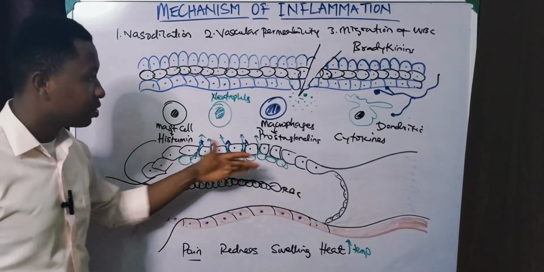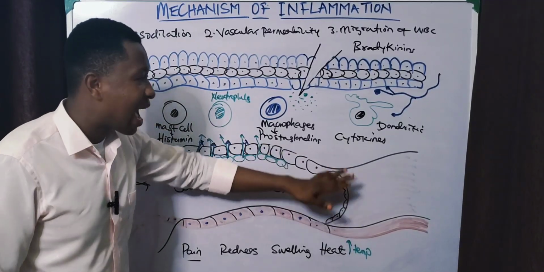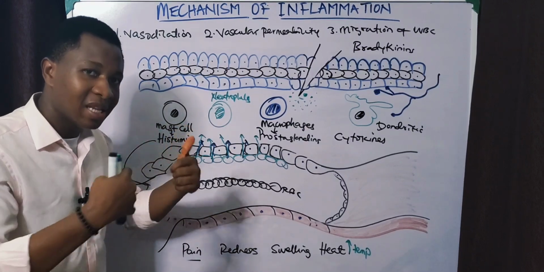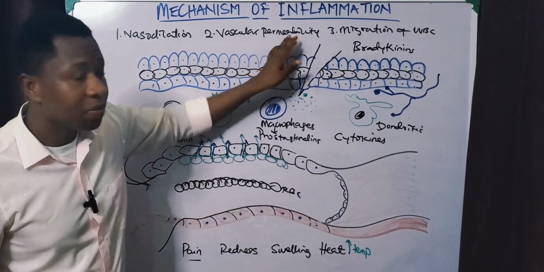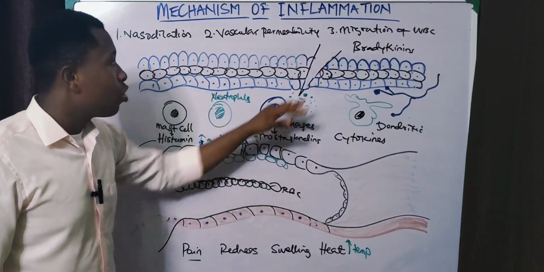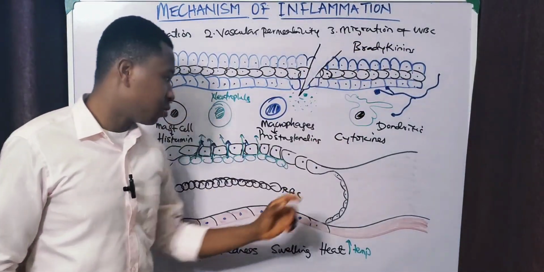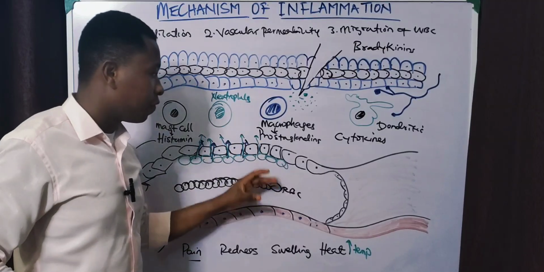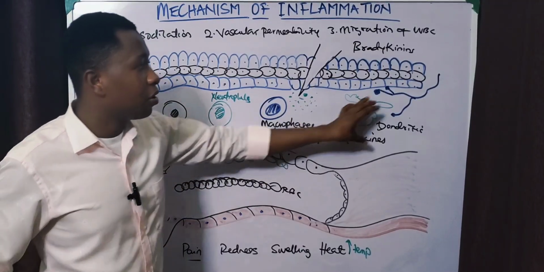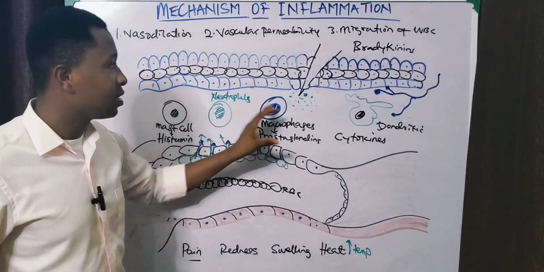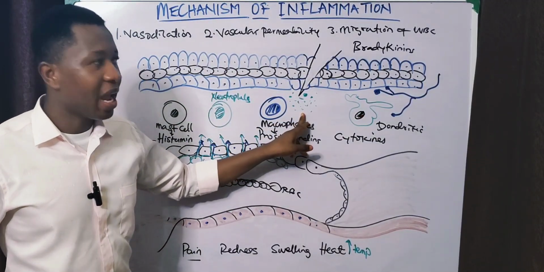The next thing that happens is that the prostaglandins and the cytokines act on the blood vessels to retract the cells, and that's what we call vascular permeability. The cells become permeable, allowing for the migration of white blood cells, which are neutrophils and other phagocytic cells, out of the blood vessels into this portion here, the hypodermis, to fight against the foreign body that enters.